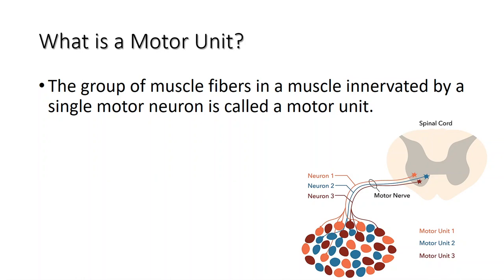The number of muscle fibers, or the size of a motor unit, is variable depending on the nature of the muscle. Depending upon the functions, a particular type of muscle may have small motor units or large motor units.